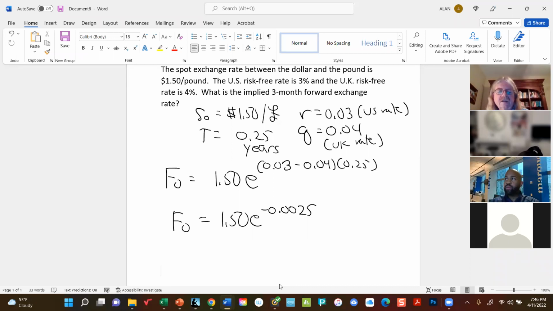Now, if you go to your calculator and you find the e to the x button, e raised to the minus 0.0025 is approximately 0.9975.